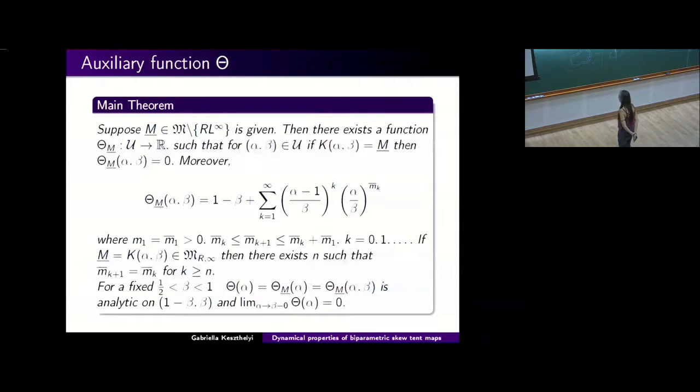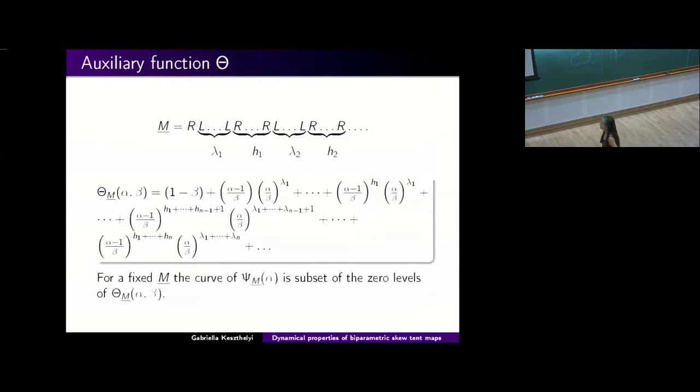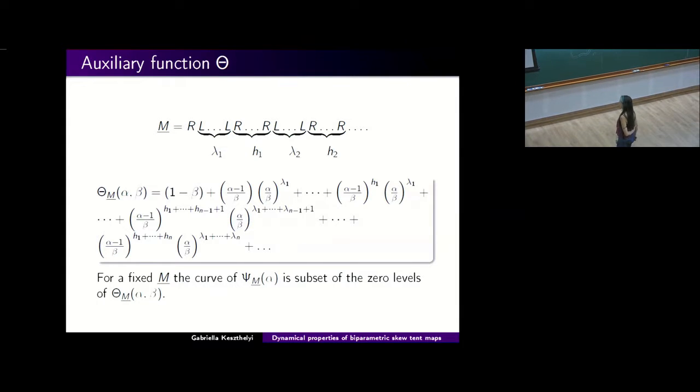For example, this auxiliary function theta. So this is utterly disgusting, but good news, you don't even need to look at it, because here it is. Much better, right? So if you have an arbitrary sequence there, R, L, L, R, R, and so on, and there is the number of L's, number of R's, and so on, then you will get this kind of exponential series, which has only two terms, alpha minus 1 over beta, and alpha over beta.